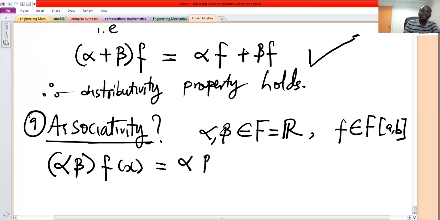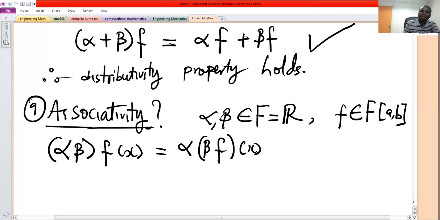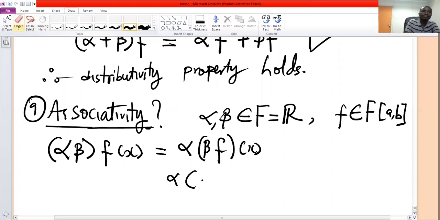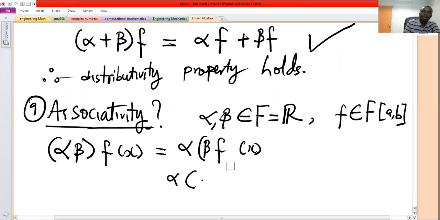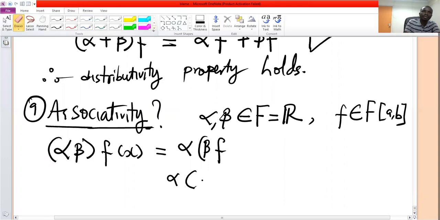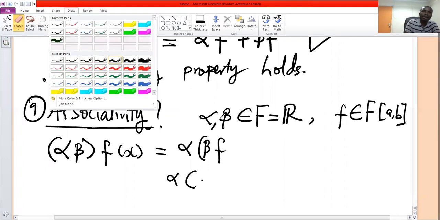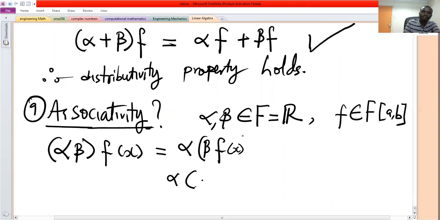So you can write this as alpha into, actually I need to put the bracket here, beta f of x. So I do the multiplication of beta by f first before multiplying by alpha. So now this is the same as this.